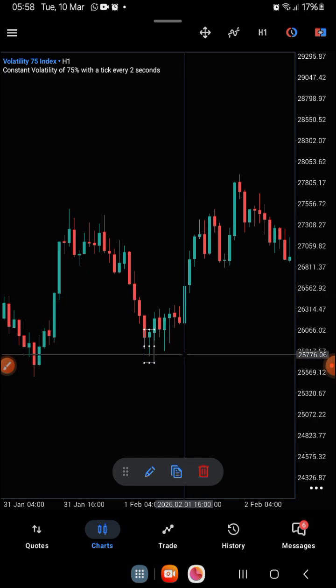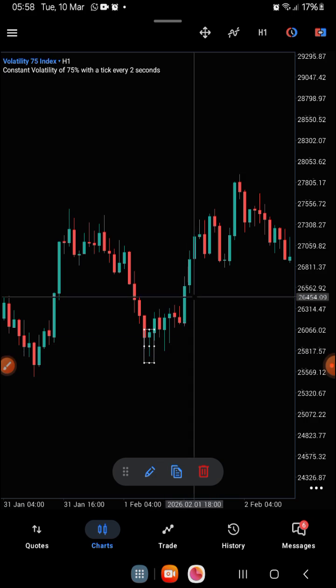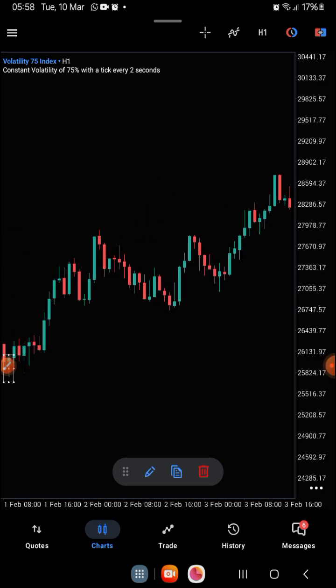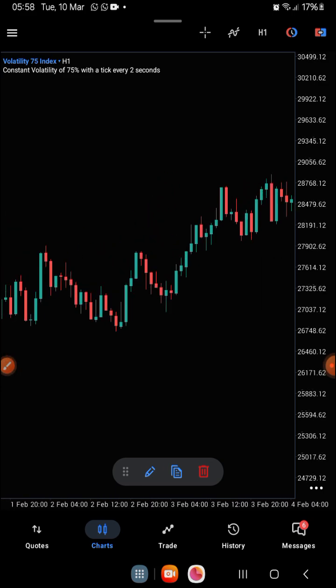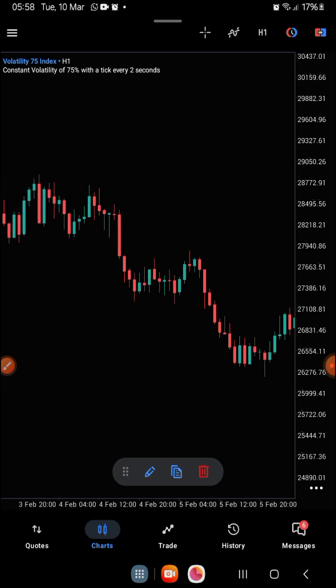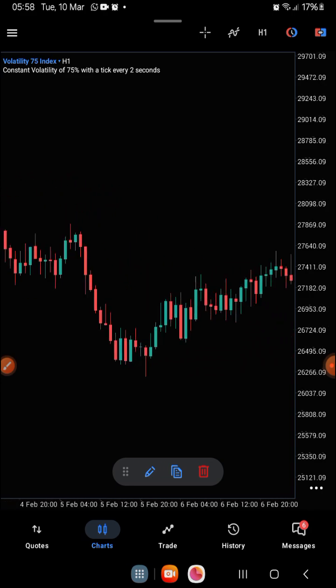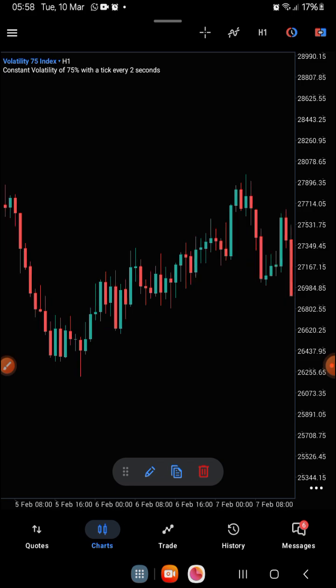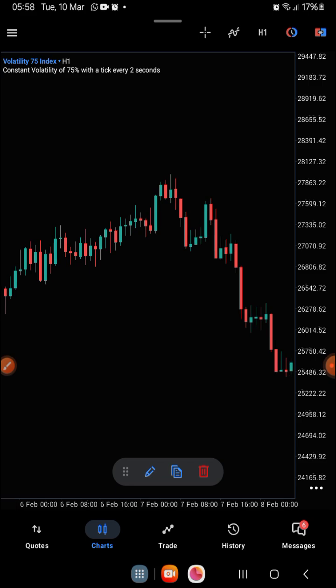So stop loss can be here or somewhere here, but that's what the hammer shows. It shows that our trend is about to reverse. Then I'm looking for another one, or maybe how we can do this. You see, here's another hammer down there, then we went all the way up.